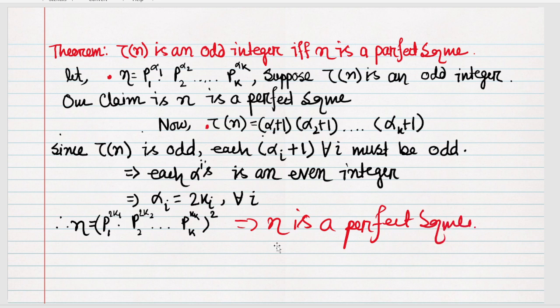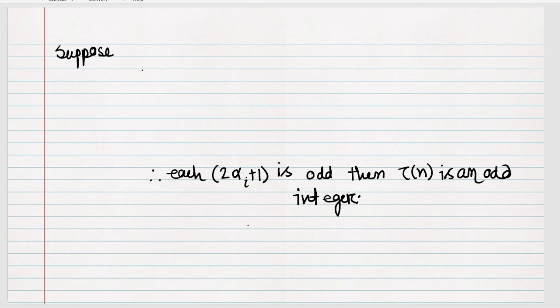So conversely, in our converse proof we have to suppose that n is a perfect square.